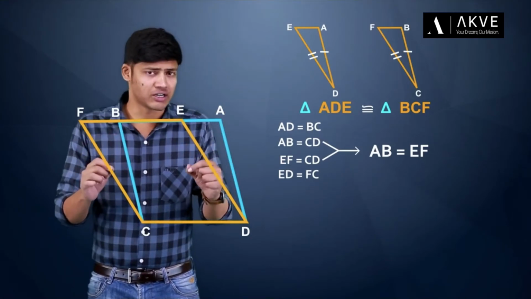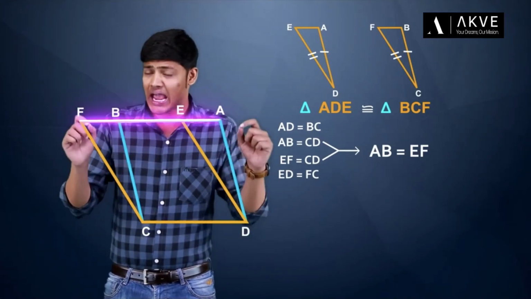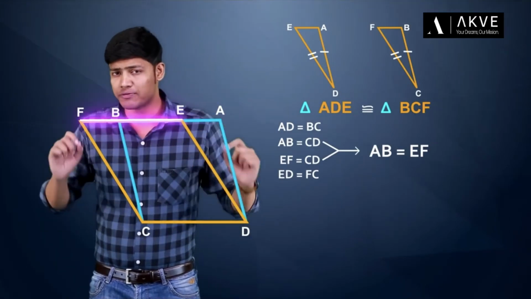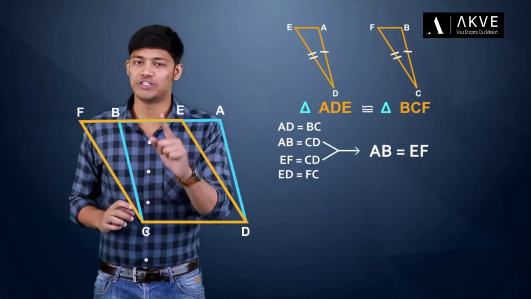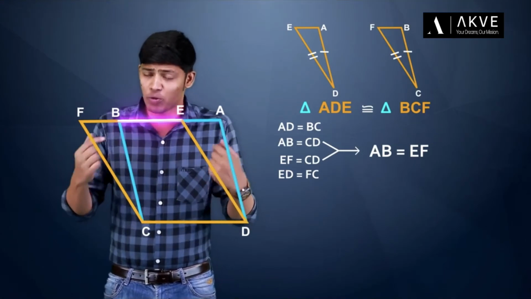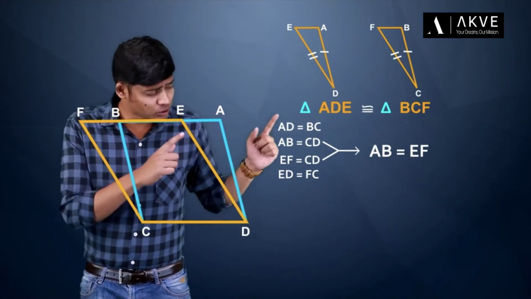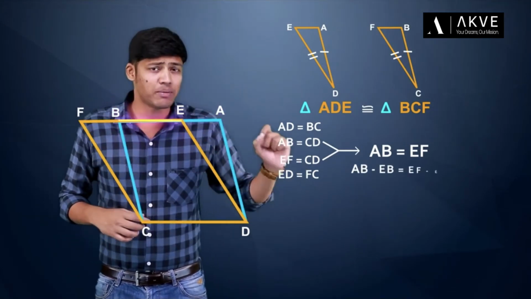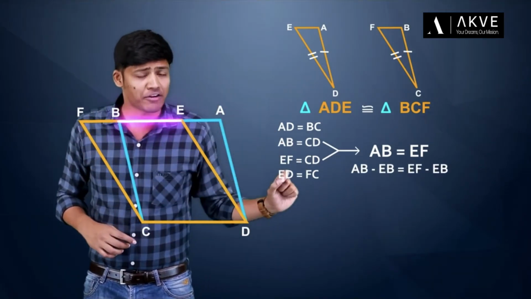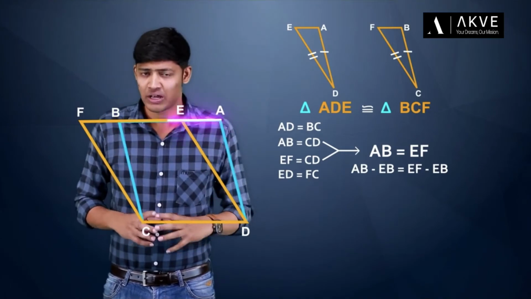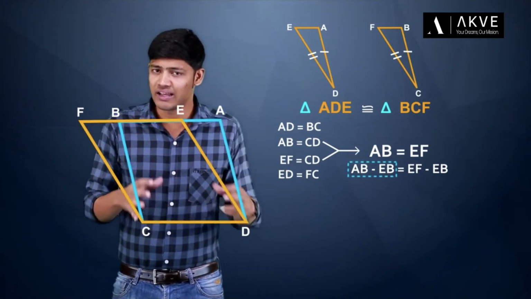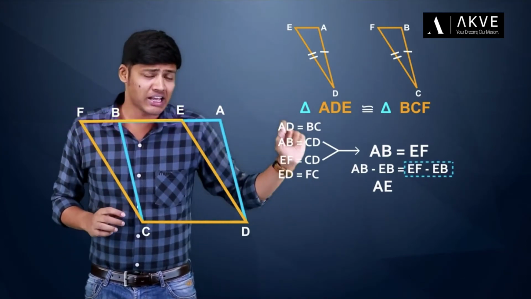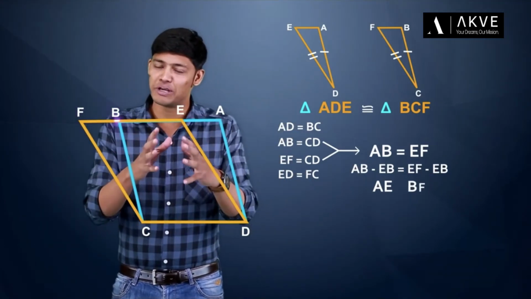Now, in this figure, if you observe carefully, AF is a straight line and both AB and EF have a common part, which is EB. Now, if we subtract EB from both sides of this equation, we get AB minus EB equals EF minus EB. AB minus EB is nothing but AE and EF minus EB is nothing but BF.